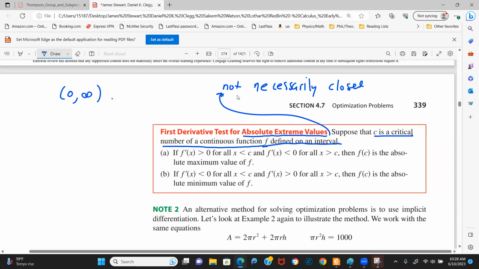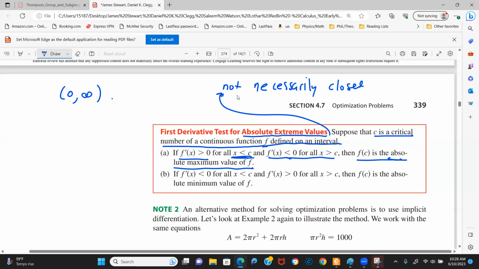You can say that if you know the derivative is positive for all values to the left of your critical point, in other words, you're increasing to the left of c, and then decreasing to the right of c, and this happens on the whole interval, then you can say not only is f of c a local maximum, but it's also an absolute maximum or a global maximum.